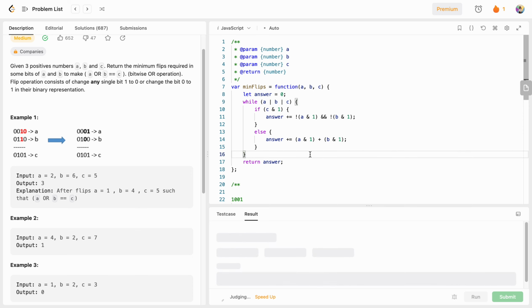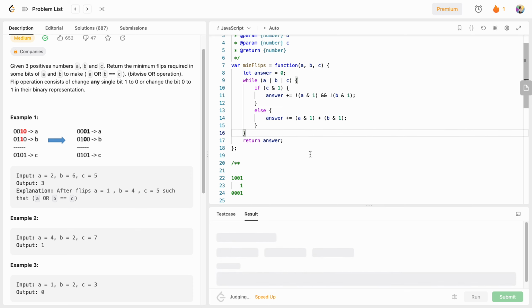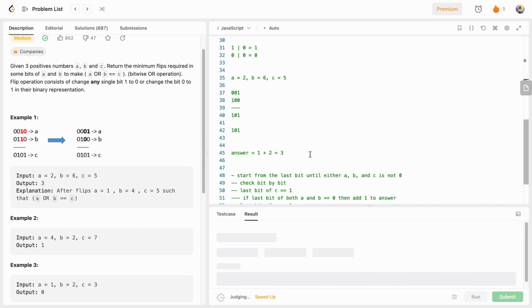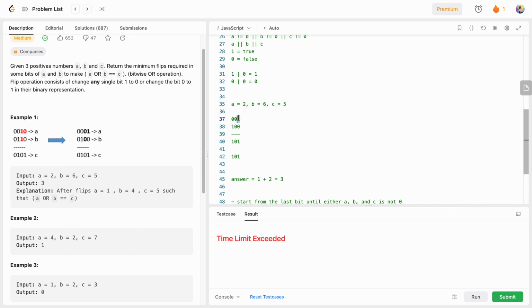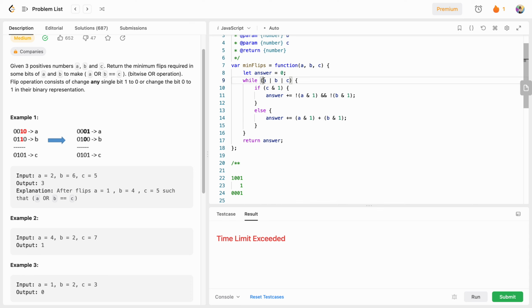Okay, I missed a very important thing here. So what are we doing here? We check the last bit, and then we move on to the second last, right? And then the next one before that, and so on, right? But here we are always checking the last bit only. So for that, what I need to do is shift the values towards the right.